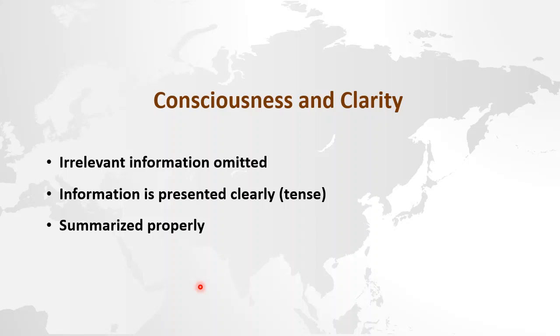That is how you maintain clarity, and you have to do proper summarization of the information. We have discussed a lot about this in our OET writing course classes. So these are three things: all irrelevant information should be omitted, the information should be presented clearly, which means the tense should be right, and summarization should be done properly.